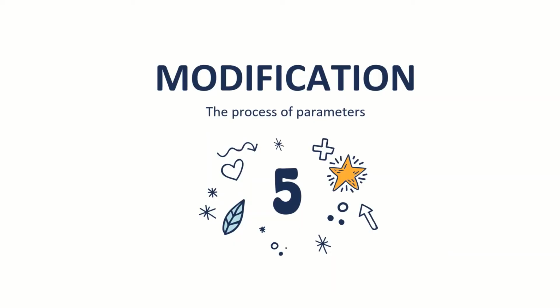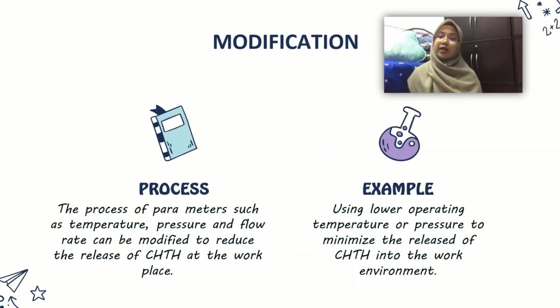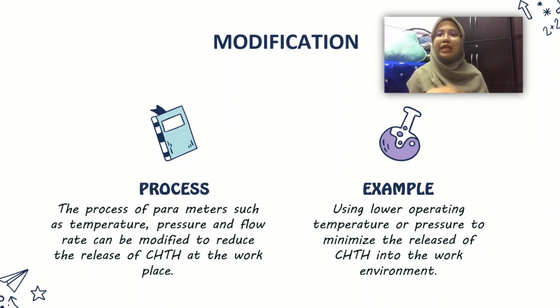Next we talk about the example. The example of isolation is relocating the spray painting process away from a highly populated area. Then we go to the modification of process parameters. What is modification? Parameters such as temperature, pressure, and flow rate can be modified to reduce the release of chemical hazardous to health at the workplace.